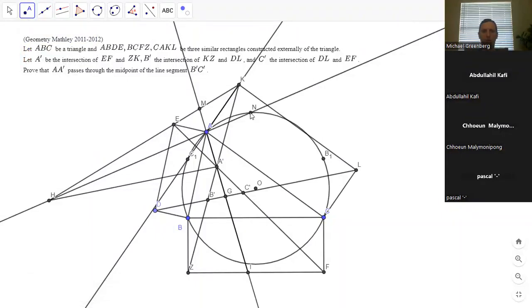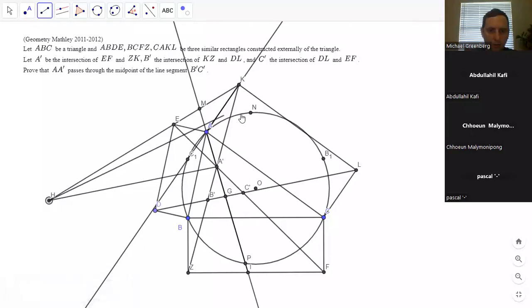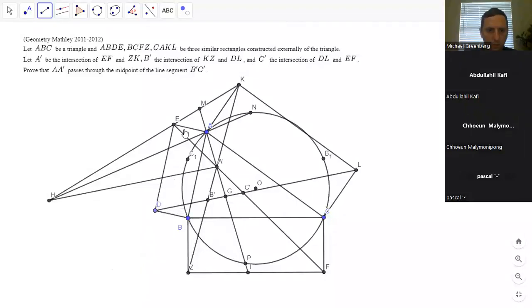And then I need to show that that's a harmonic quadrilateral. So PNB1C1, I want to show that that's harmonic. B1C1 is parallel to BC.